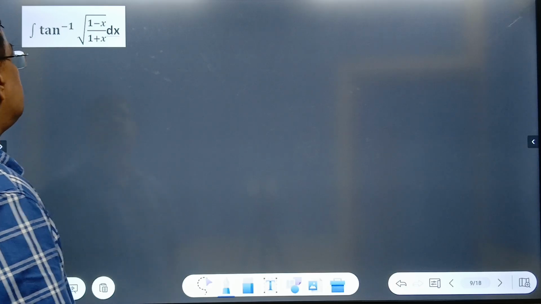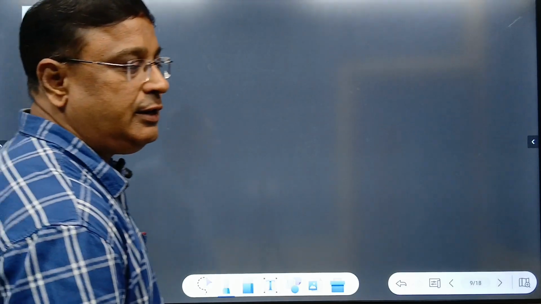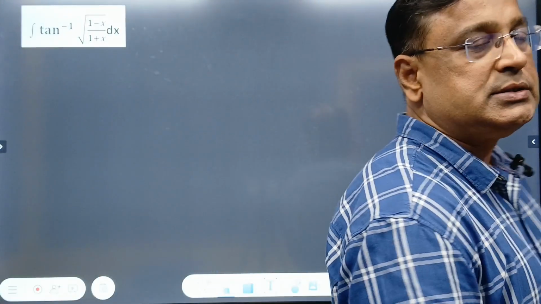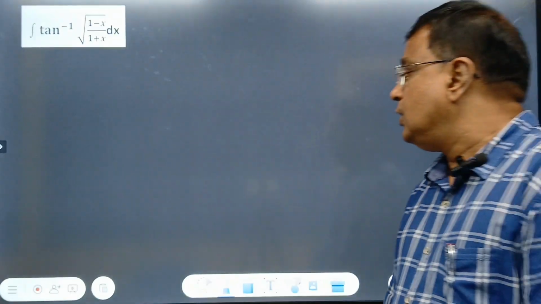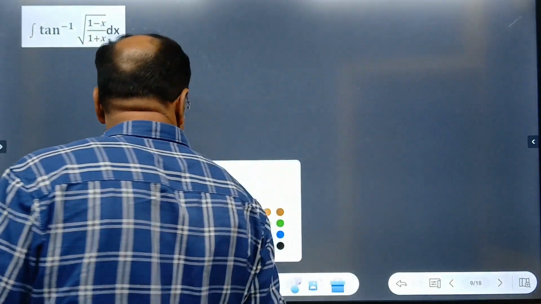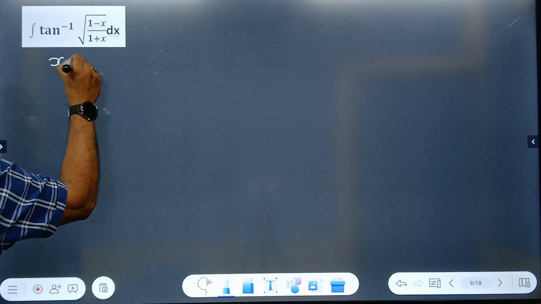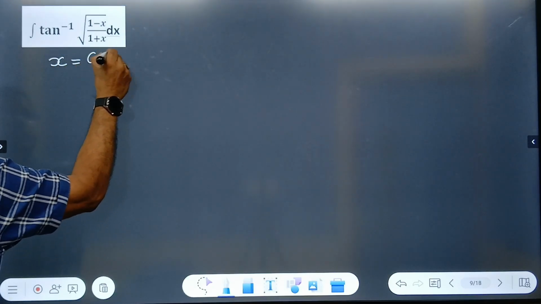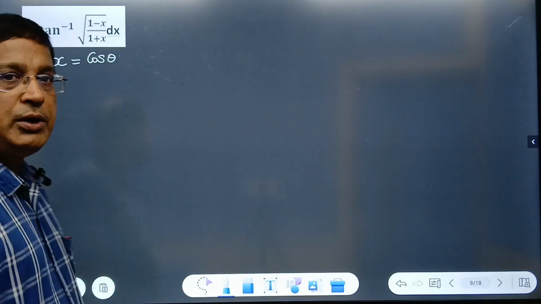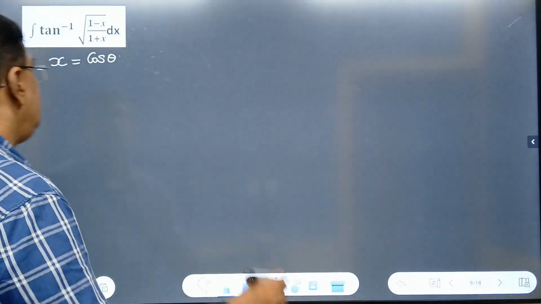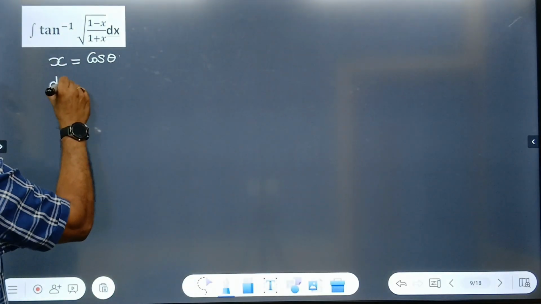Okay. Now, another very important question, integral tan inverse of root of 1 minus x by 1 plus x. You know, whenever we come across 1 minus x by 1 plus x in the root, we generally do x is equal to cos theta. You put x as cos theta. Now you differentiate. So what is dx?